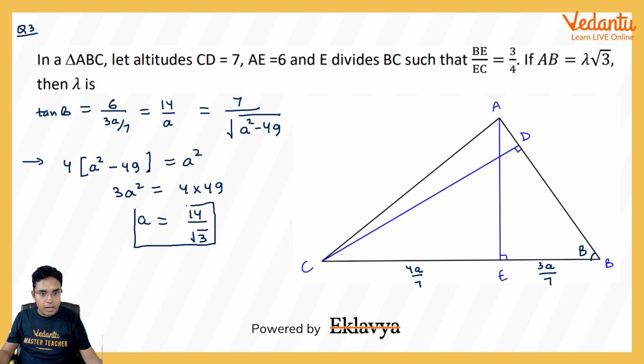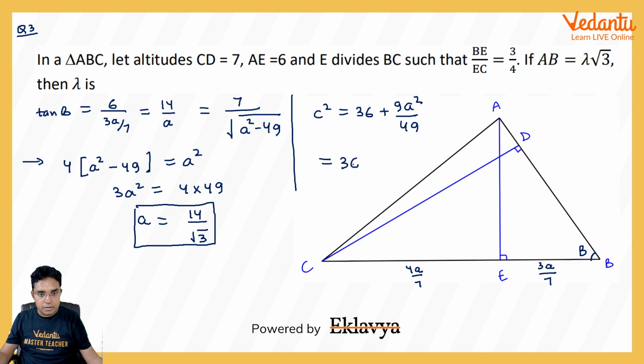Now we are supposed to find the length C, that is length AB, and to do that, I think just a simple Pythagoras theorem will do, isn't it? Because AB square, that is C square, will be AE square, that is 36, plus EB square, that is 9A square upon 49. I think very simple question, isn't it?